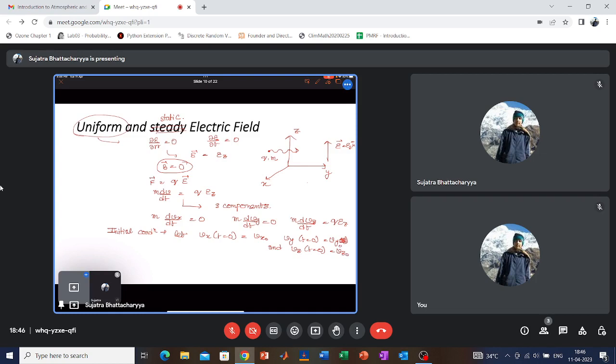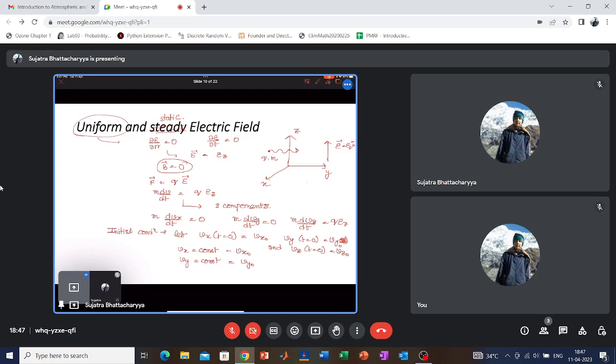Now what we are getting here is that m dvx dt is equal to 0. Therefore Vx is constant, and its value is whatever was there at t equal to 0, because it is not changing with time, so it is Vx0. Vy also is constant, the same as at t equal to 0.